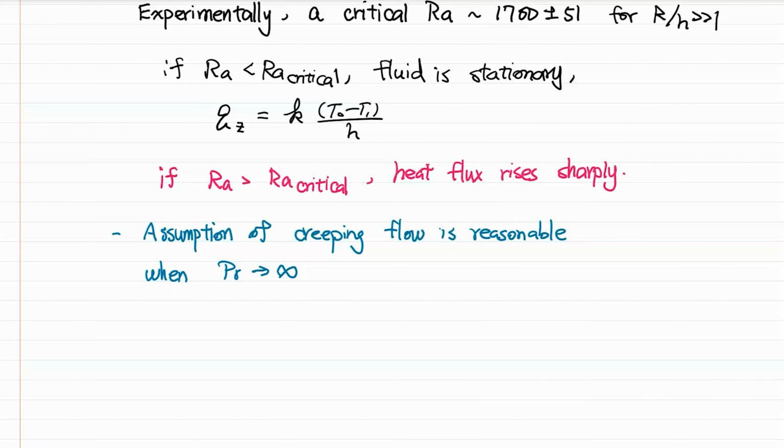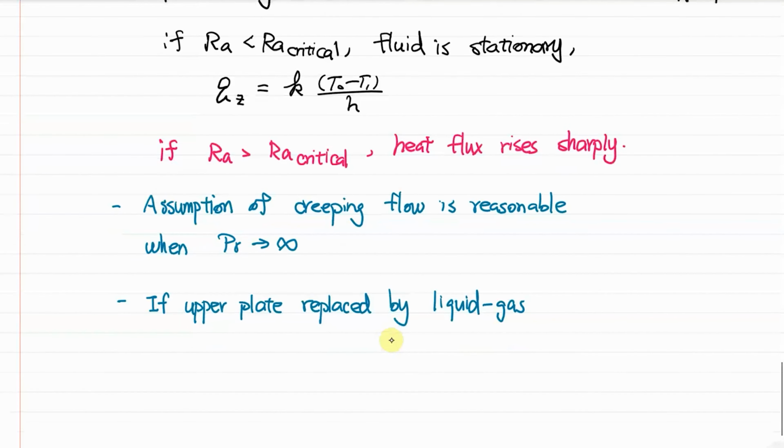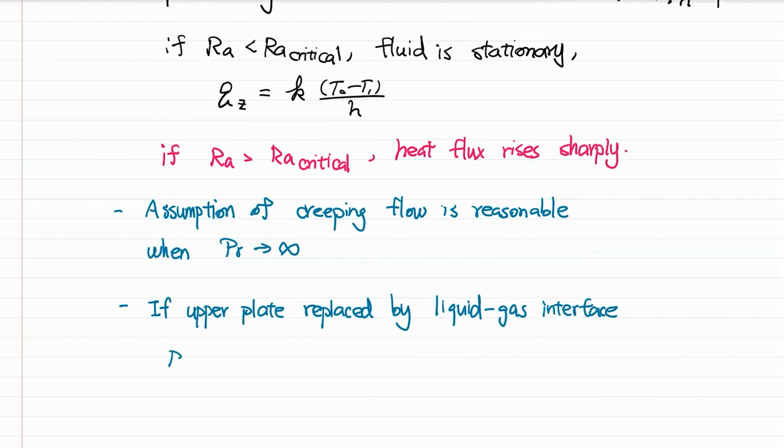And then other notes. So if the upper plate is replaced by a liquid gas interface, the critical Rayleigh number is around 1100.